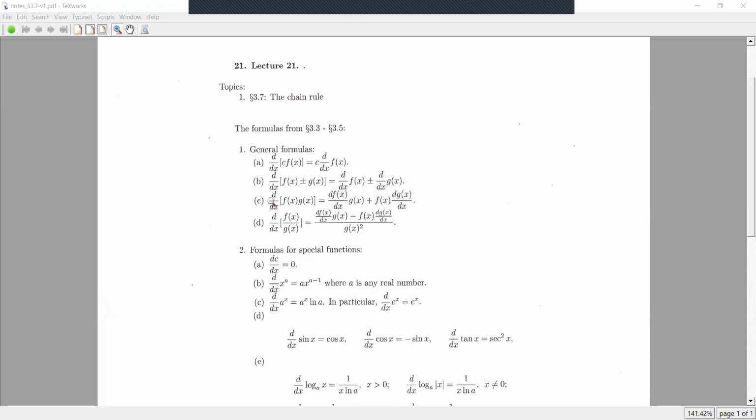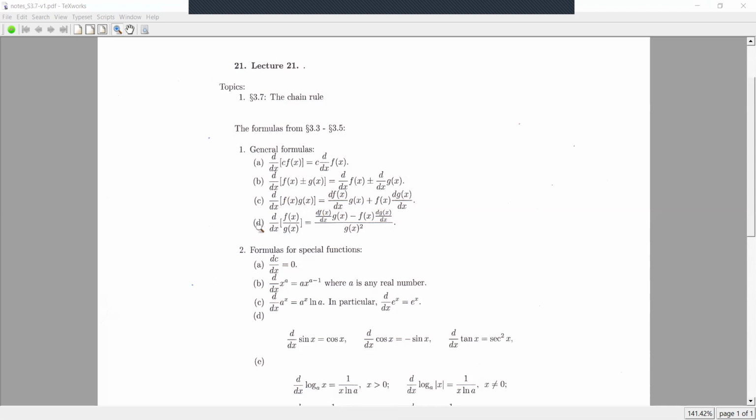Formula number 4 is the product formula. The derivative of a product is the derivative of the first function f times the second function g plus the first function times the derivative of the second function.